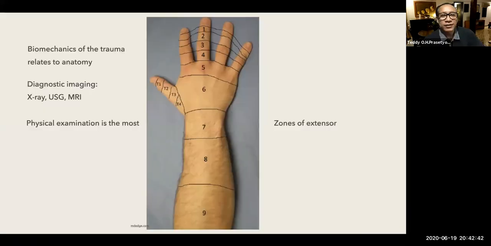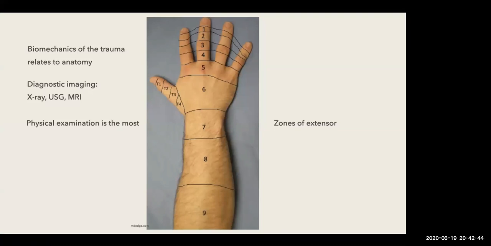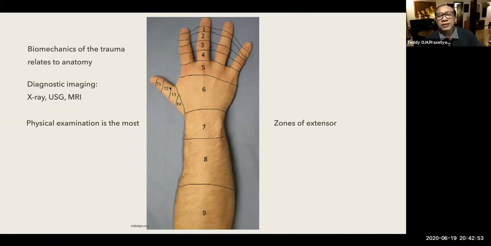All right, so let's move back into the zones of the extensor system. You still remember that? What I didn't mention is the zones for the thumb. So it's just the same. The odd numbers are actually in the joint area, right? Number 1, number 3, it's in the interphalangeal joint, and this one is in the MP joint.